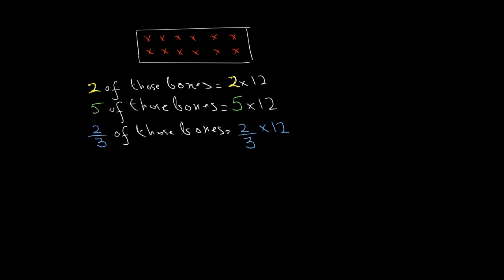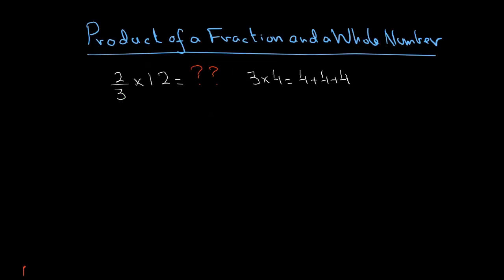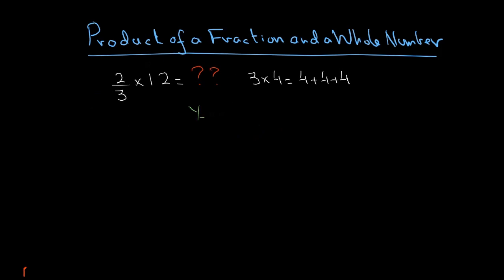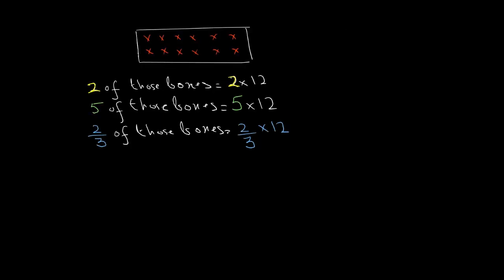So I'm arguing that you can probably make sense of 2/3 times 12. So the question that we asked, does this even make sense? The answer is probably yes, and it's based on the meaning of "of".